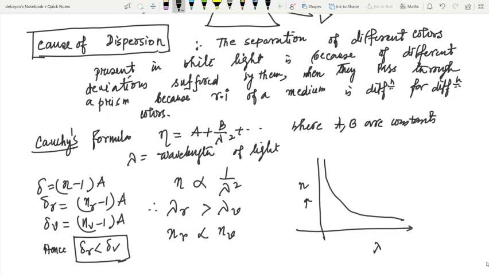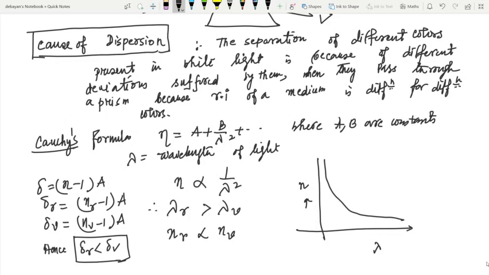If we give white light into a prism, we observe that the white light, which is actually a beam of many rays of light, is split into each component color by the prism. Each color is due to some wavelength of light, and the refractive index of the prism is different for different wavelengths.